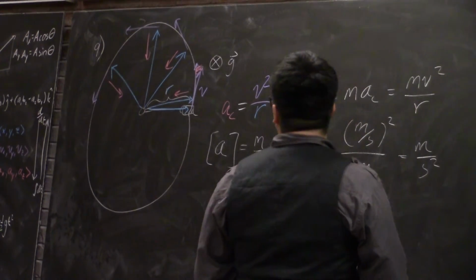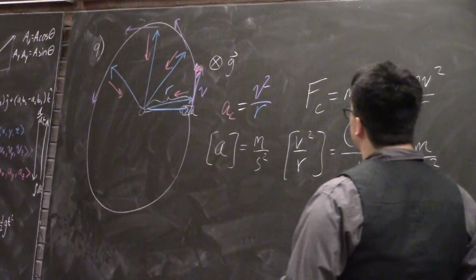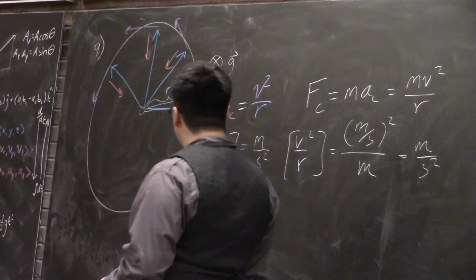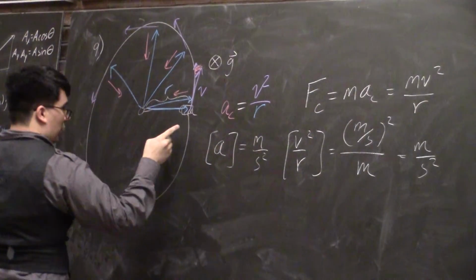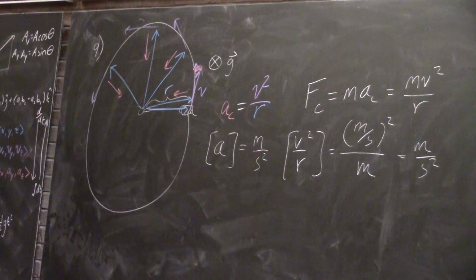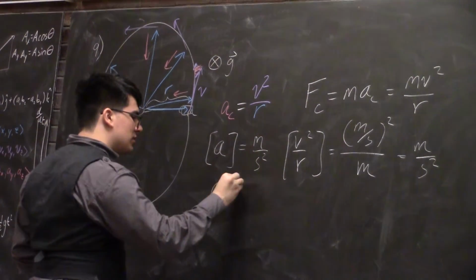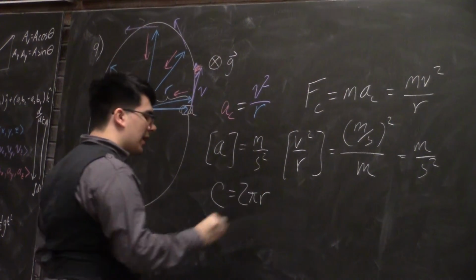Now, what we can do here, I'm going to define a couple other things. Assuming this has a radius of r, what would the entire length or circumference of the circle be? 2 pi r. So the entire circumference would be 2 pi r.